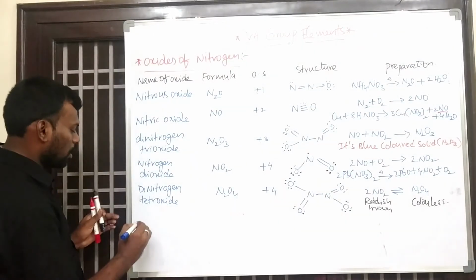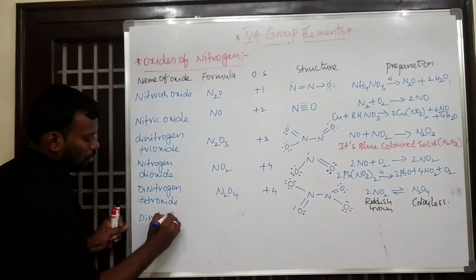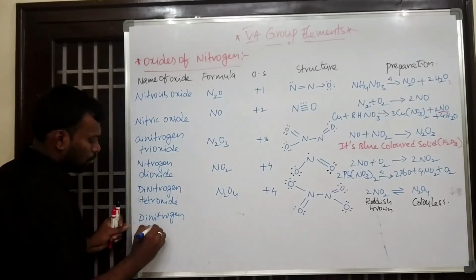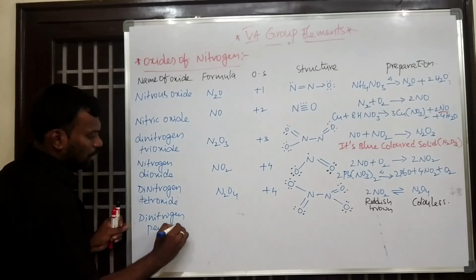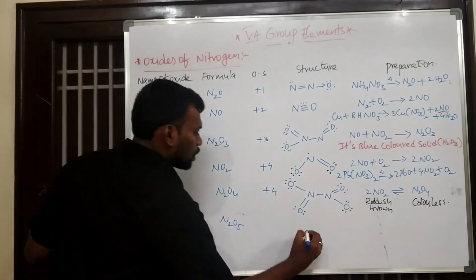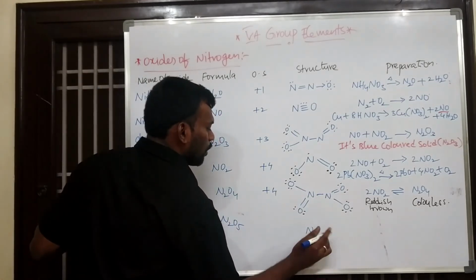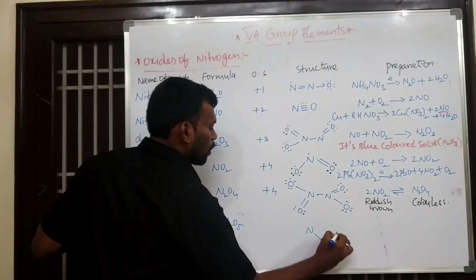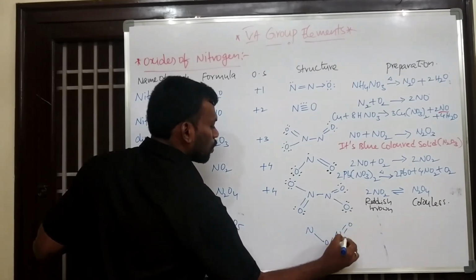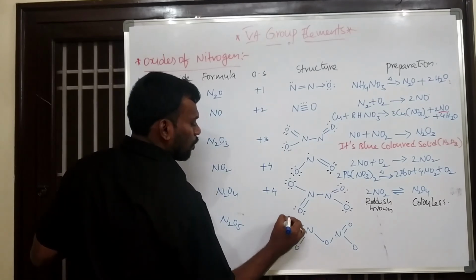And the last one is dinitrogen pentoxide. It is represented by N2O5. When you go for the structure, both nitrogens are connected by an oxygen. The remaining structure looks like dinitrogen tetroxide.